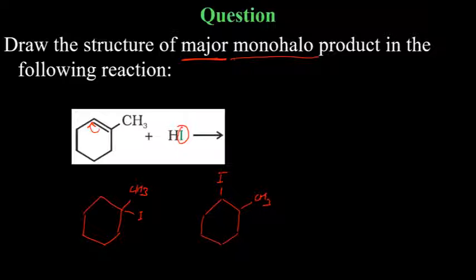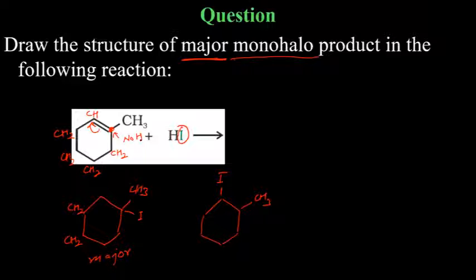But as per Markovnikov rule, this one will be major because iodine is attached to the carbon which has fewer hydrogen atoms. Remember, these are all CH2. And here this was CH, CH2, CH2, CH2, CH2, and only carbon here, no hydrogen.